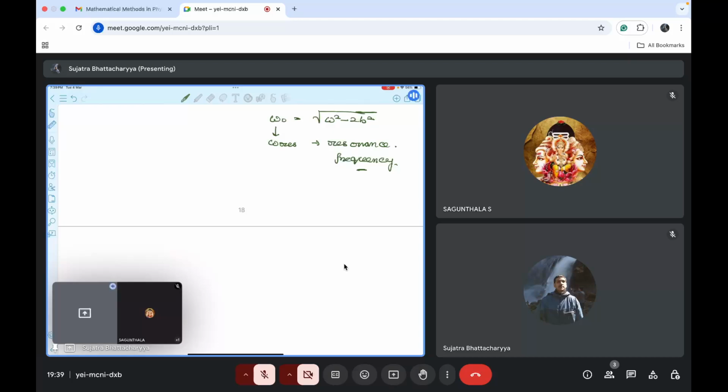Now, the last part of today's lecture is another way to solve for the particular solution. As we know, for the inhomogeneous equation, we need the complementary solution as well as the particular solution. The complementary solution was already shown in the last class, and also today. But for the particular solution, there are 5 rules which I have shown.